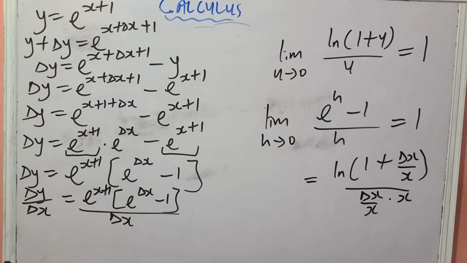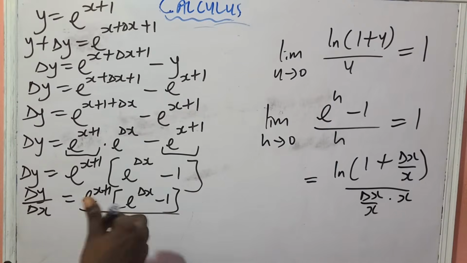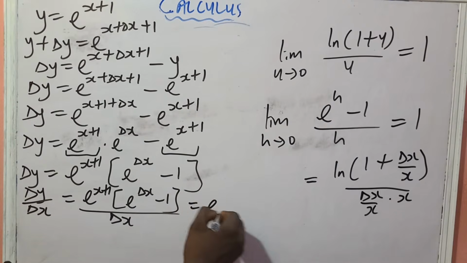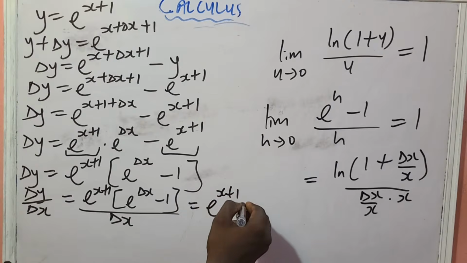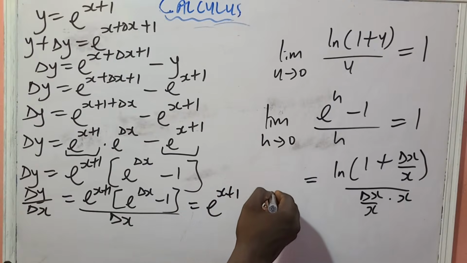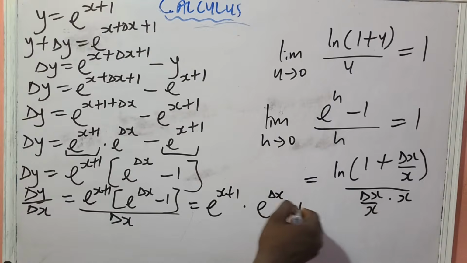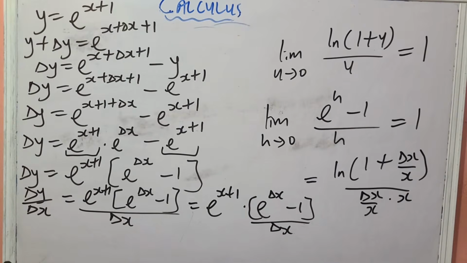I'm sure you know that I can split this fraction this way and I won't be wrong. e raised to power x plus 1 dot, in a bracket, e raised to power change in x minus 1 over change in x. I'm sure you know I can do this and I have not done anything wrong.